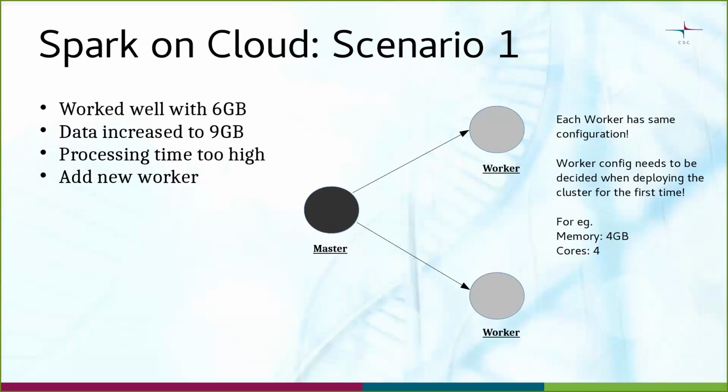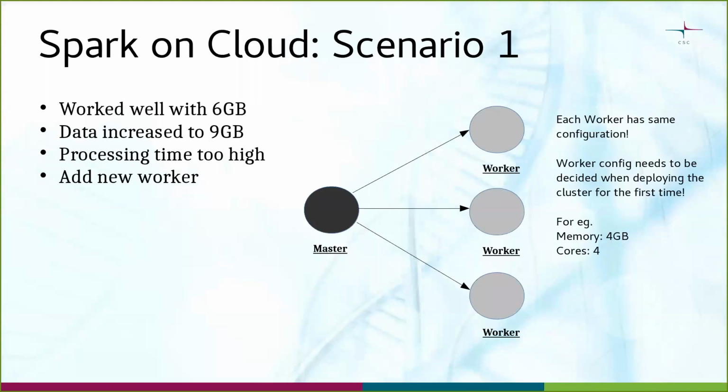But what happens now is that the data suddenly increases to 9 GB. And then the processing time is too high. And what do you do in this kind of case? You just add one more worker here. So this is the thing that allows Spark to process as much data as you want, because no matter how much the data grows, you can always grow your cluster along with it.